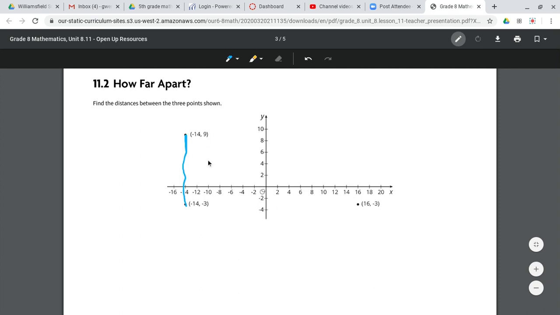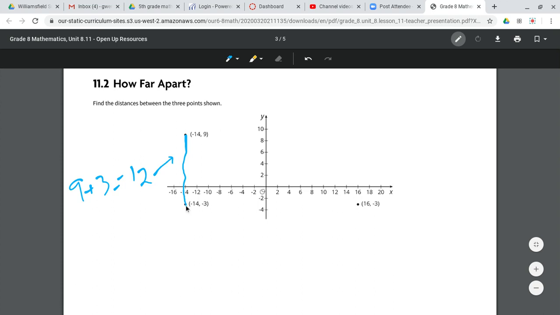So to go from 9 down to 0 is 9, and to go from 0 down to -3 is 3. 9 plus 3 is 12. So this length here is 12.